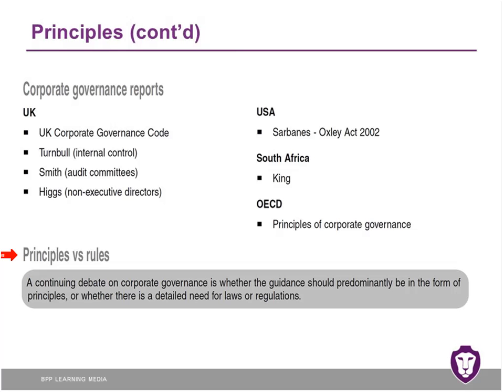The rules-based is you must do it, and if you don't do it, you're looking at a fine or certainly prison in some cases. Now in America, after the Enron crisis, they brought in some rules-based principles called the Sarbanes-Oxley Act. And these are regulations. You must do this, otherwise it's illegal. So that's the difference, and you really need to understand those two. It's very important.